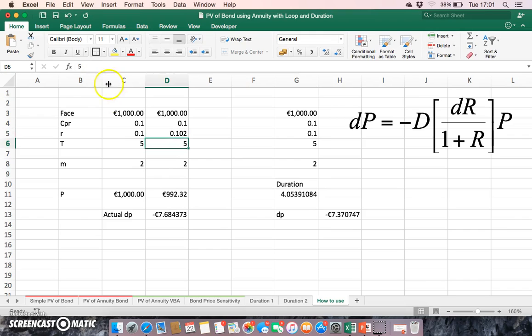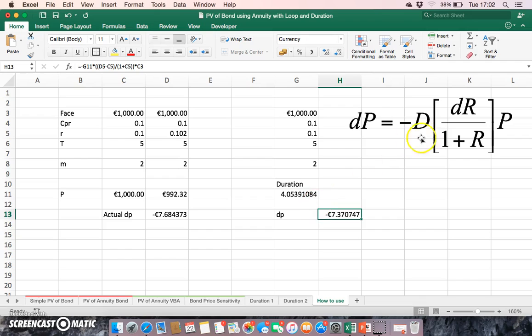Okay, so in effect what we can do here is estimate the effect of a change in interest rates on the bond price. If the original discount rate or yield to maturity was 10%, and we increased that by 2 basis points, the value of the bond would drop by 768, whereas from duration, using this model, we would predict the value of the bond would have fallen by 737, and this drop tends to be less dramatic, and that's because duration is linear, whereas the true bond price is convex.